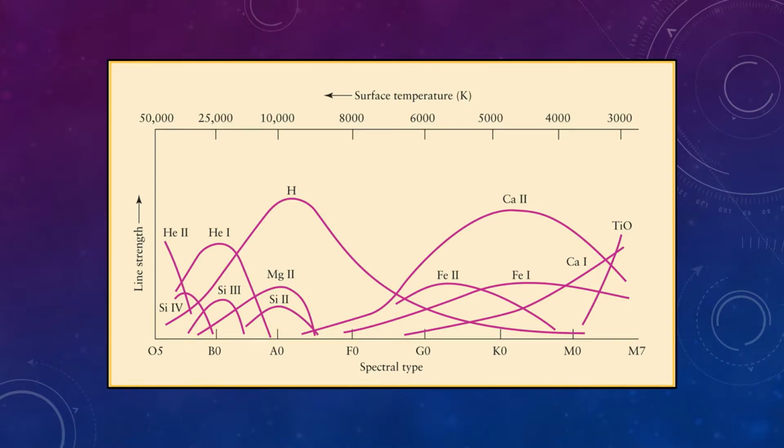This graph shows similar results to that of the previous slide. Here, each curve in this graph peaks at the stellar surface temperature for which that chemical's absorption lines are the strongest.